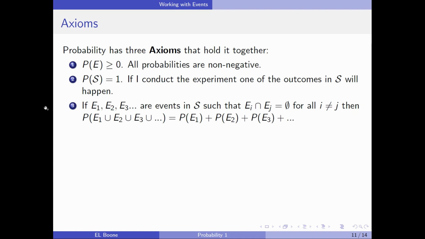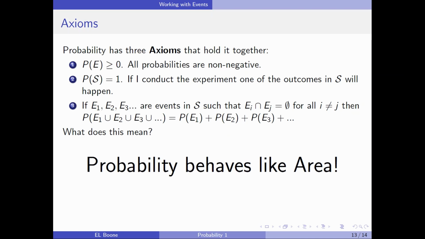Now, when you see 3, most people go, oh, I have no idea what this means. But the idea here is really, really simple, and it's an idea that you already know. That means probability behaves like area. If you've ever done anything with area, painted or whatever, you can't have a negative area. That doesn't make sense because I have to put a positive amount of paint on the area.